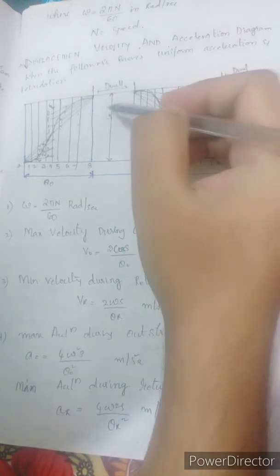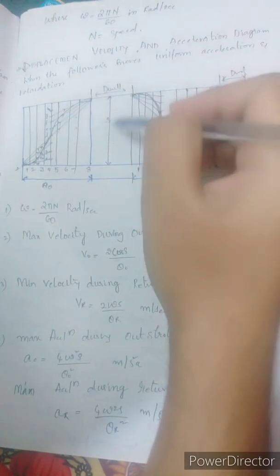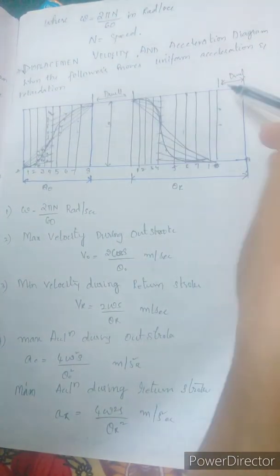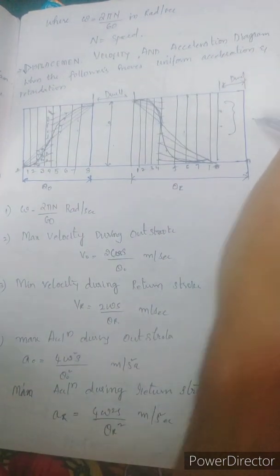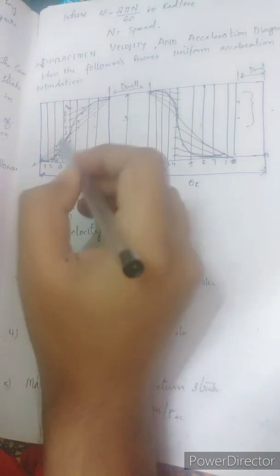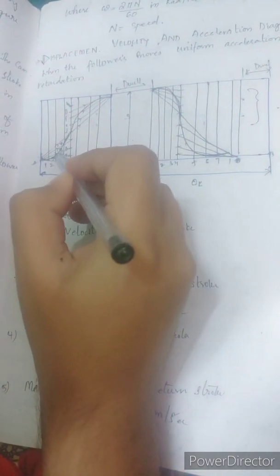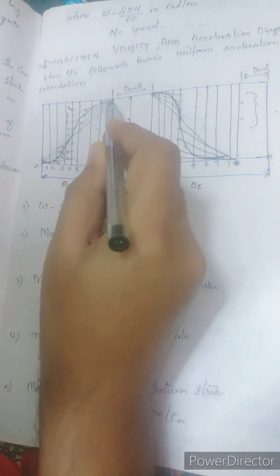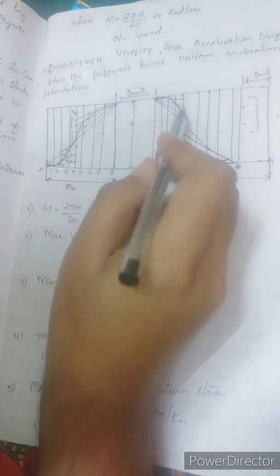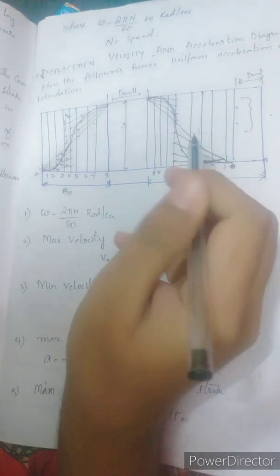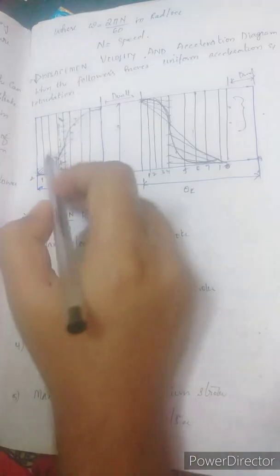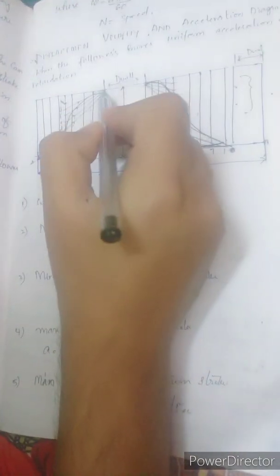You have to leave the dwell part as it is given, and here also it will be like this. Just mark the points, and do this freehand and you will get the proper diagram. Here it is.